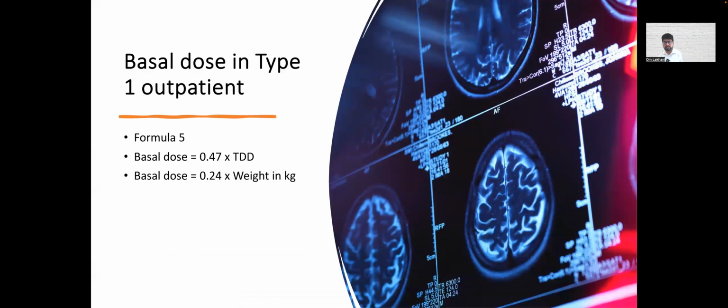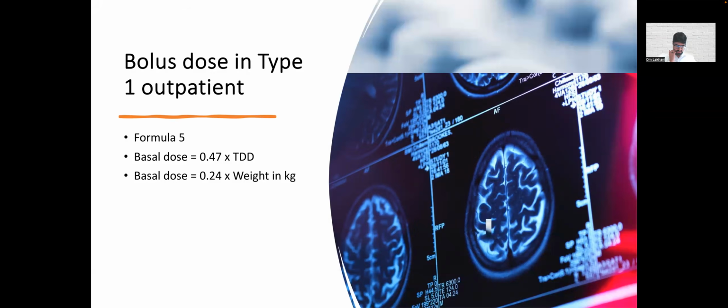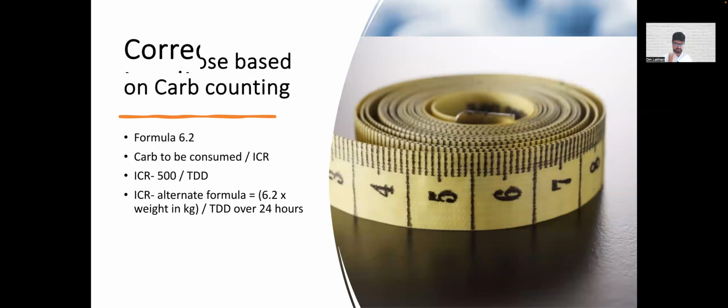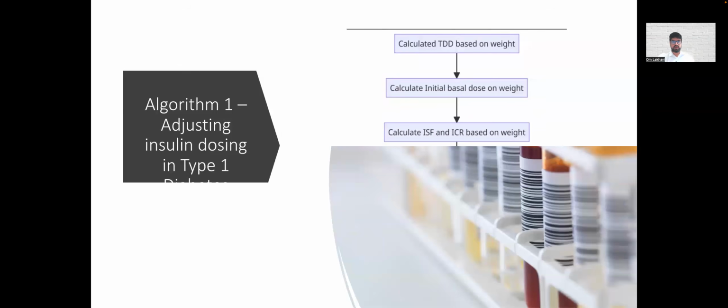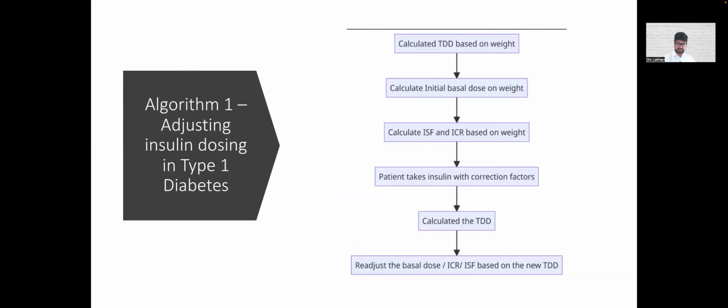Now, there's another way. I'll first talk about this algorithm. Initially, when the patient came, we calculated the dose based on the weight, because you don't know the clinical situation of that patient; all we know is the weight of the patient. So we started the patient on a total dose based on the weight. Based on this, we'll calculate the basal insulin dose.